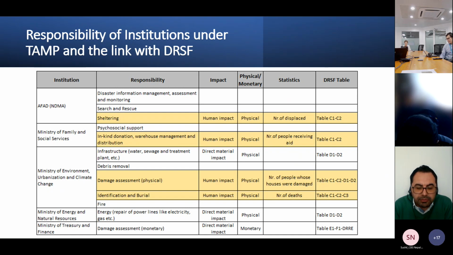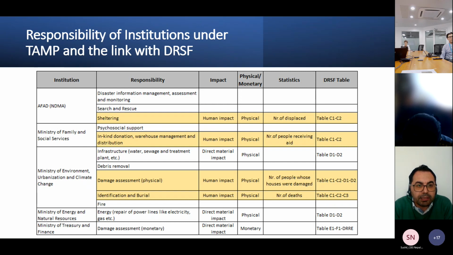In the next two slides, you will see the institutions and their responsibilities during and after a disaster under TAMP. As you can see from the table, I have linked the activities of the responsible institutions with the possible disaster-related statistics of the DRSF to be produced, and colored the associated lines to make it visible for you.